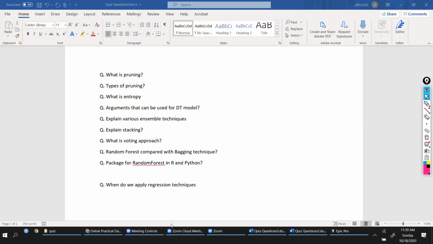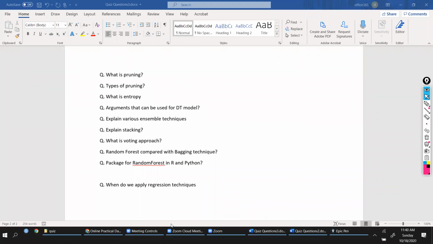We can also go with decision tree. Linear correlation, not really, right?